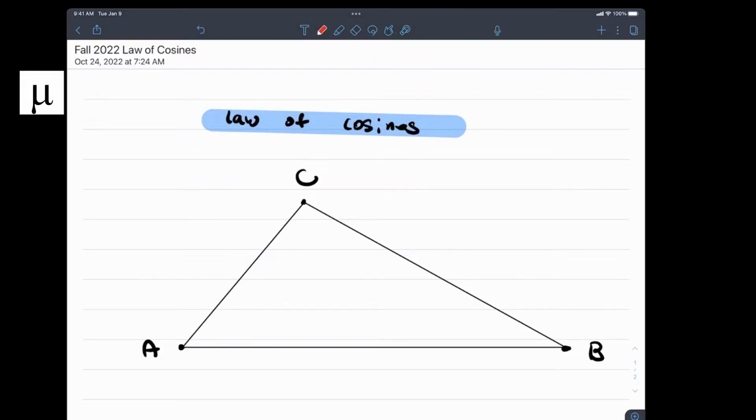There's two situations when you have the following. Side, angle, side, and what's the other one? Side, side, side.